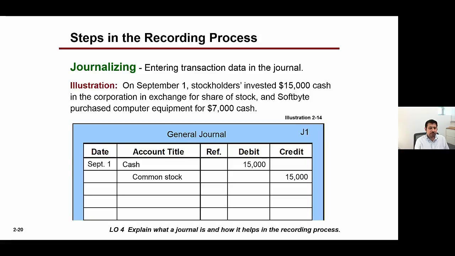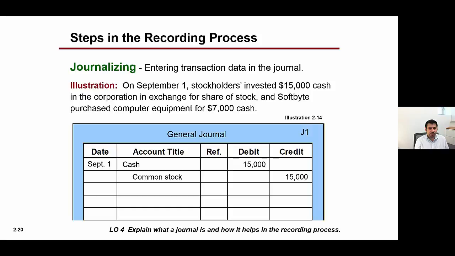And cash is an asset account. Assets increase with debits, so we debit cash 15,000. Common stock is an equity account, and it is a credit account. Because common stock has increased by 15,000, we need to credit common stock 15,000.